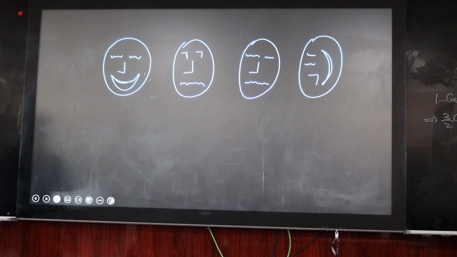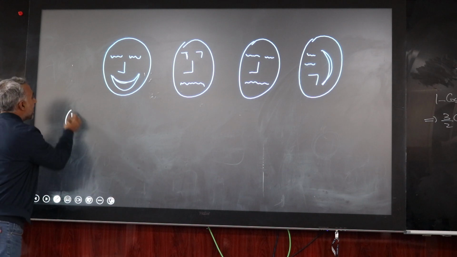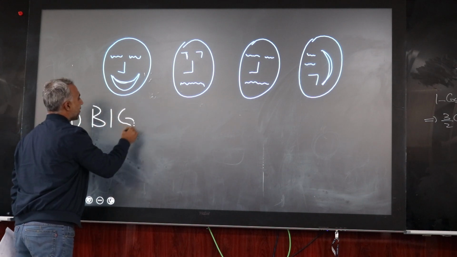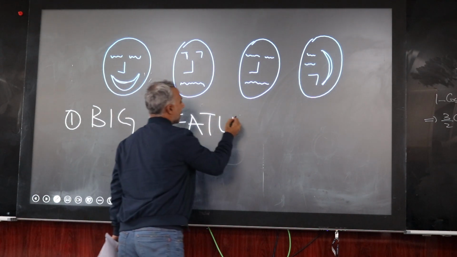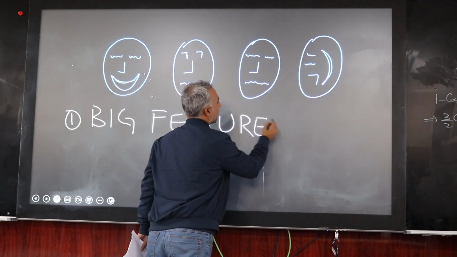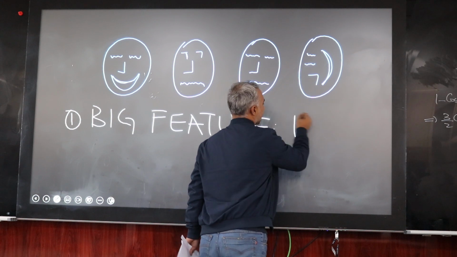Now see, if you want to do object detection of the face, there are three possible kinds of features. The big feature is basically the whole complete face.